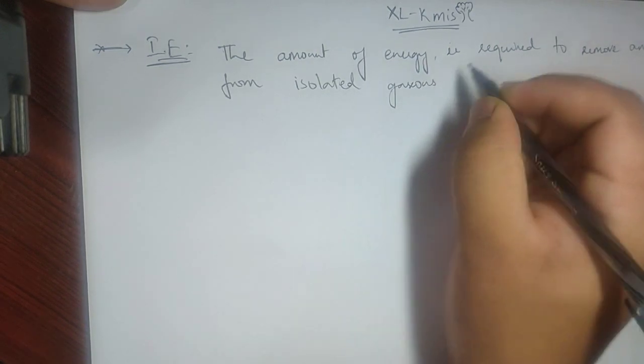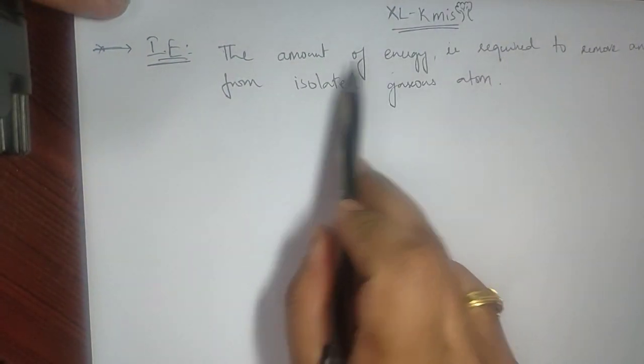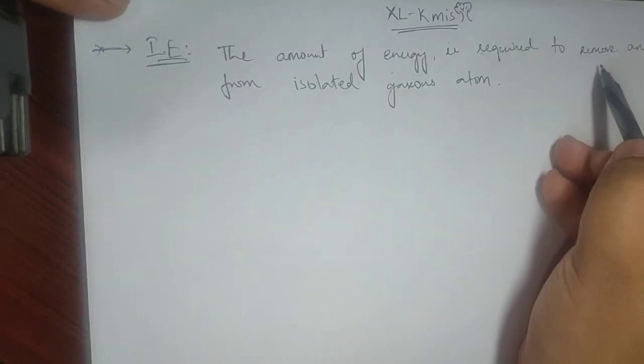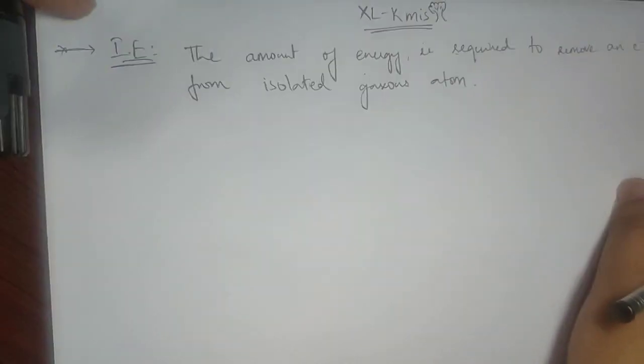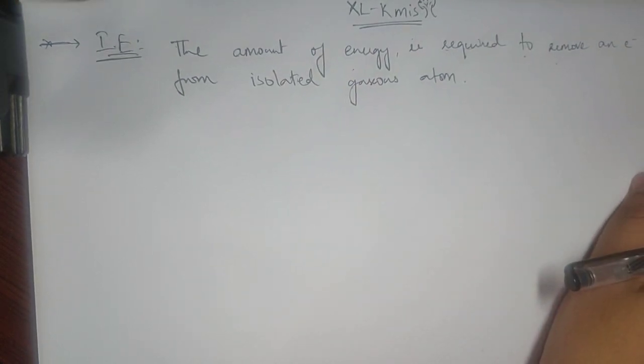This is the definition of ionization energy. So mind it, the amount of energy is required for what? To remove an electron from an isolated gaseous atom.